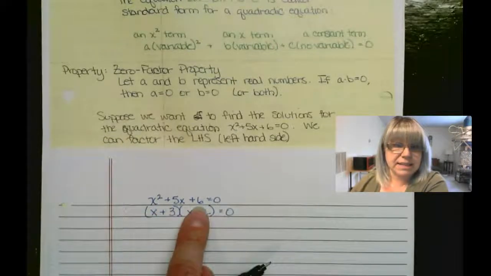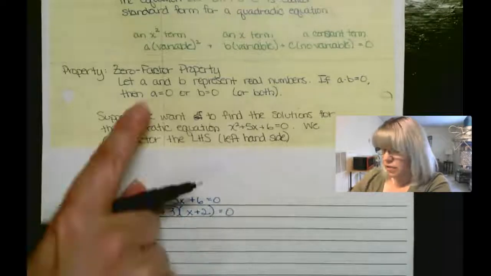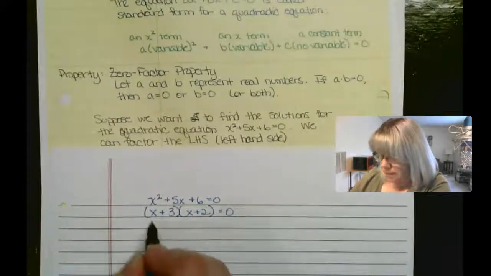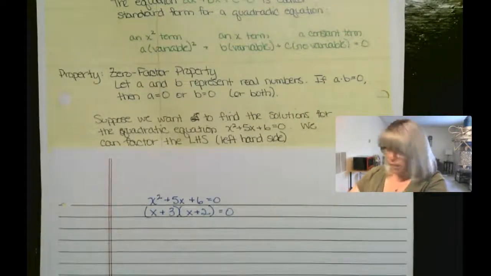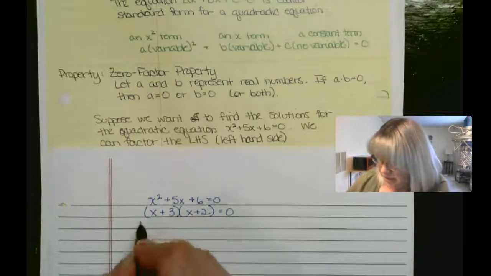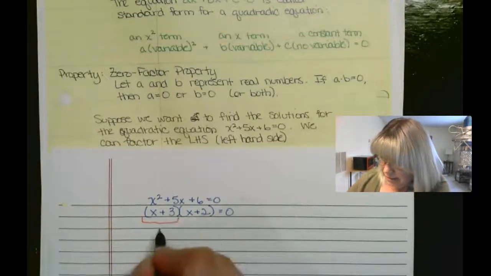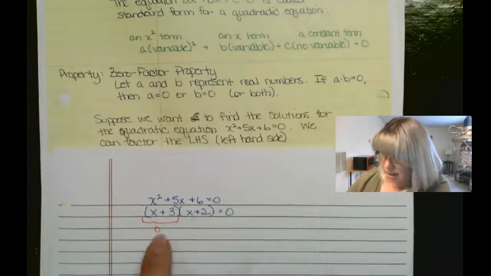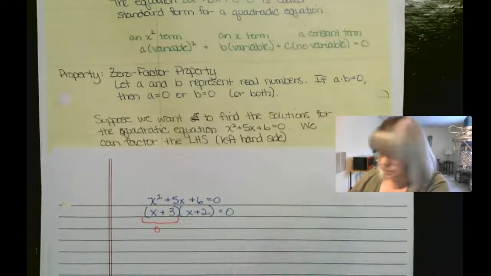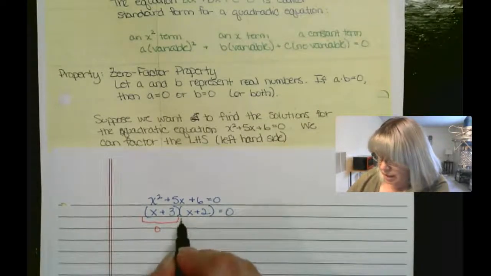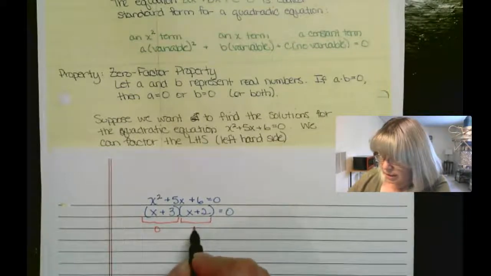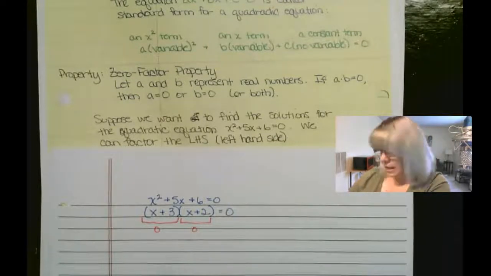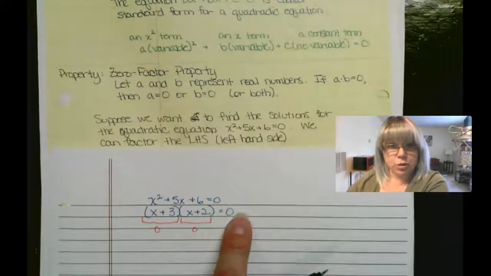Now, using our zero factor property, what that means is if this first factor is 0, then that makes the whole thing 0, and it makes it true. If the second factor is 0, then again, it makes the whole thing true.